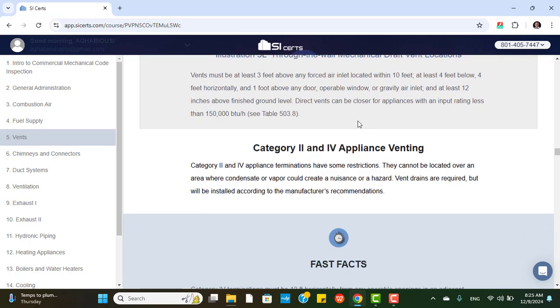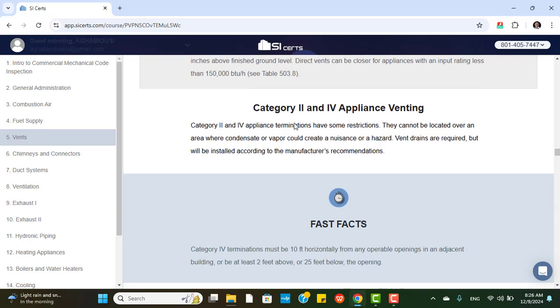Direct vent can be closer for appliances with an input rating less than 150,000 BTU per hour. See table 503.8.